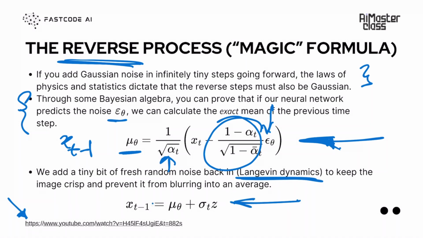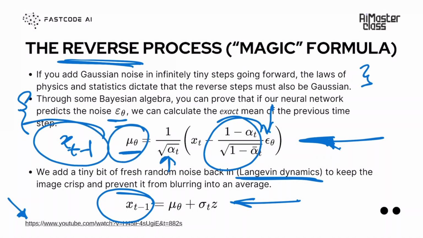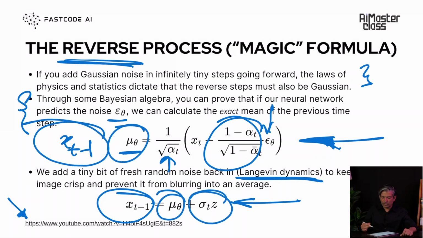What we are doing is, we got our xt minus 1 with your mu theta, right? But we are saying that to this mu theta, we will also add a tiny bit of noise again. And I know this bums you out because you just took noise out and then you're adding noise back. I know what's going on, right? But this is lower noise, and this is for variety, so that it doesn't go exactly in that flow all the time.